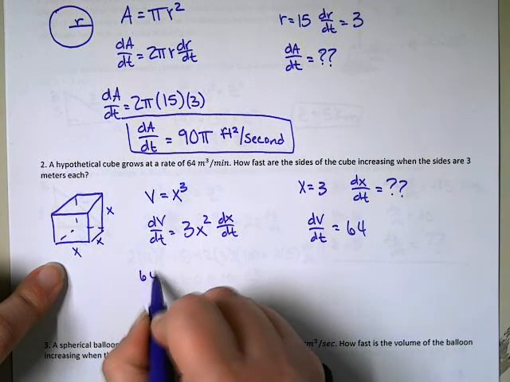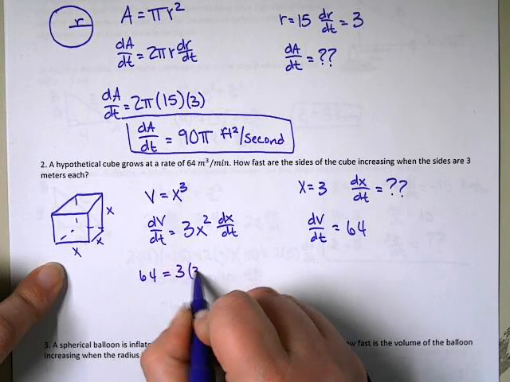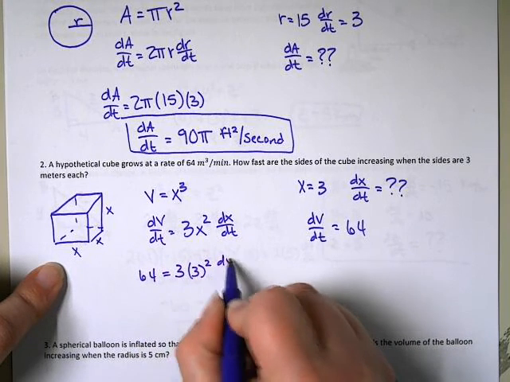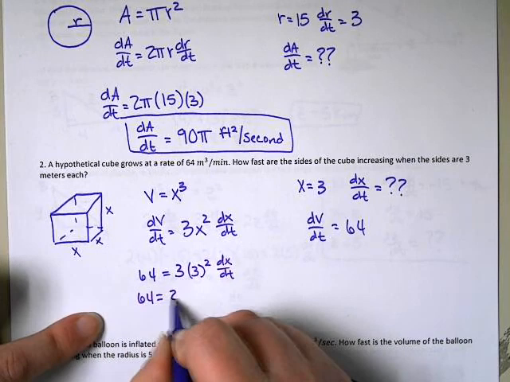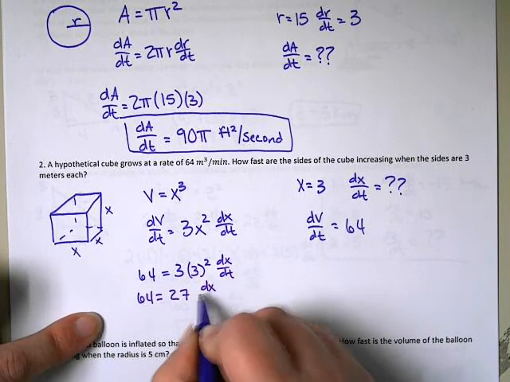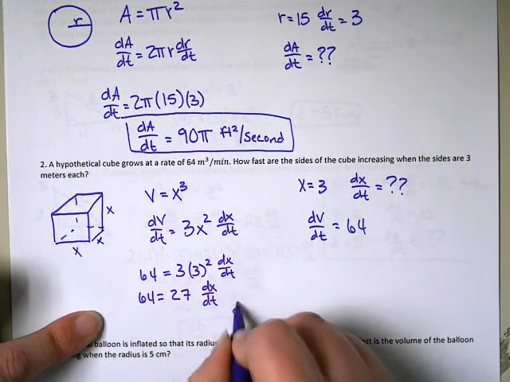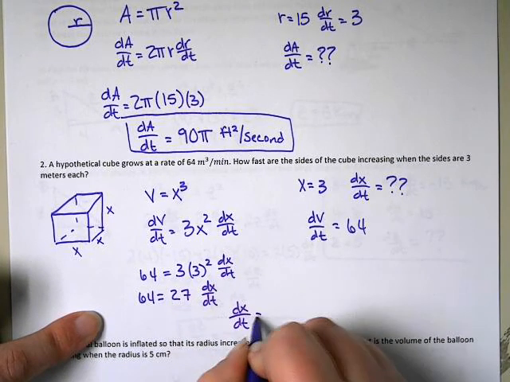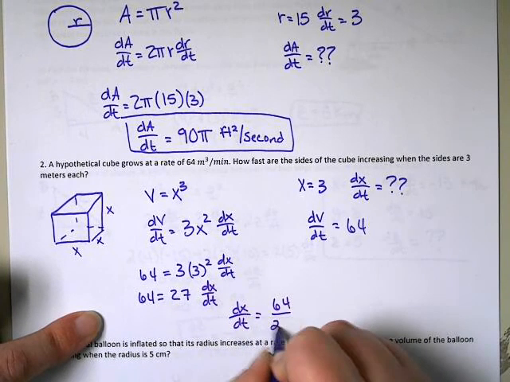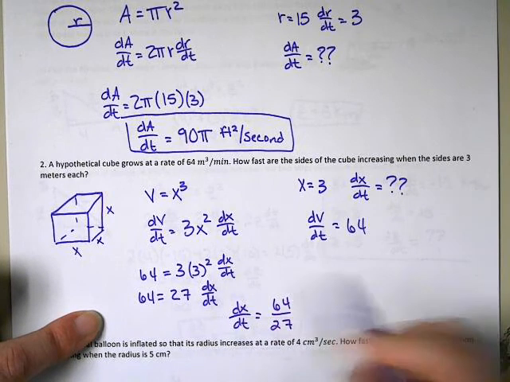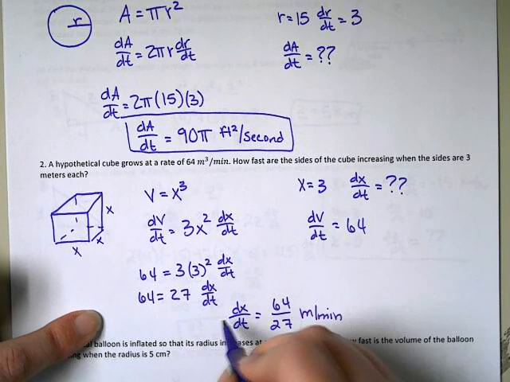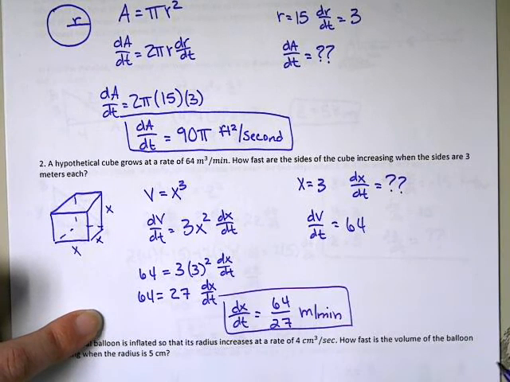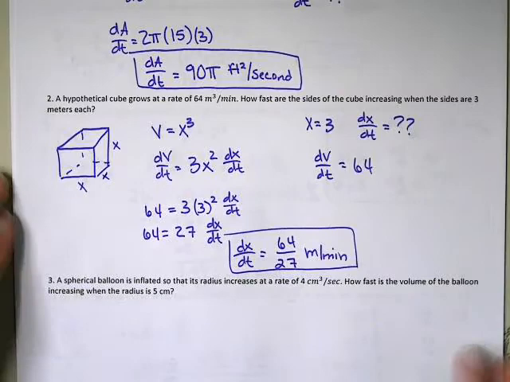So in this case, 64 equals 3 times 3 squared times dx/dt. So 64 equals 27 dx/dt, and then we can just divide that over. So we get 64 over 27 meters per minute. And there we go. All right, one more quick problem.